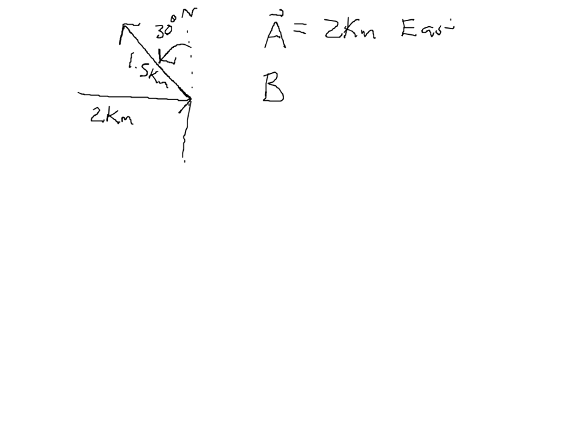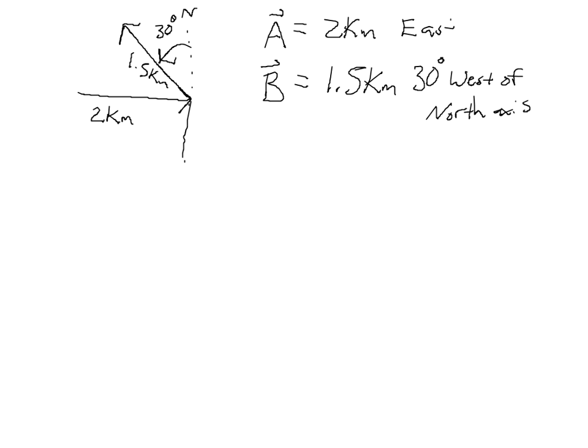And vector B represents the second leg of our journey, 1.5 kilometers in a direction 30 degrees west of the north axis. The north axis is that dashed line, and we're 30 degrees to the west of that dashed line.